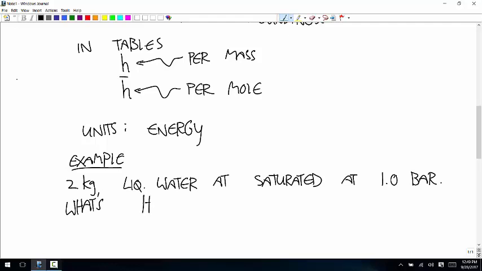What's the total enthalpy calculated from the specific internal energy, the pressure, and the specific volume?